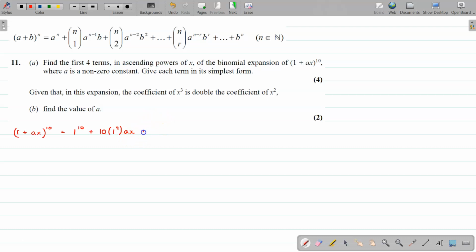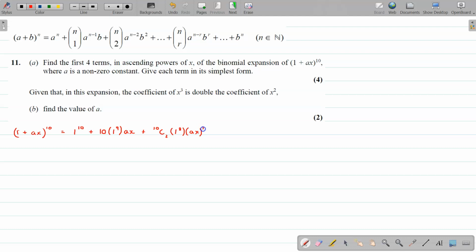Okay. And the third term is 10c2. Okay. 10c2. And we can get these off the calculator, so I can just write down 10c2 there, or use the bracket notation like that, and that's multiplied by 1 to the power of 8, and also by ax all squared.